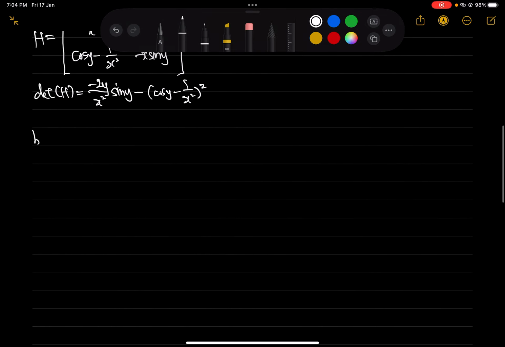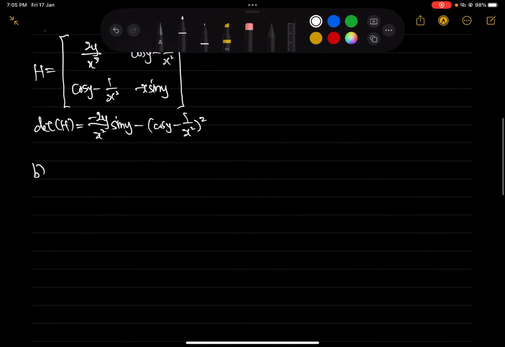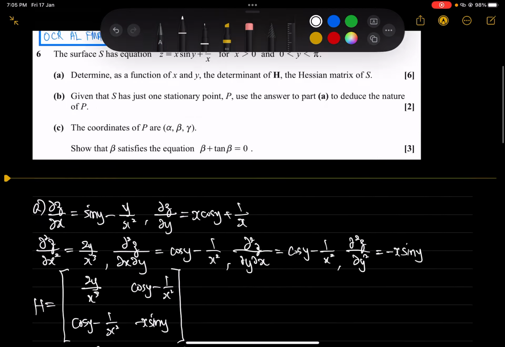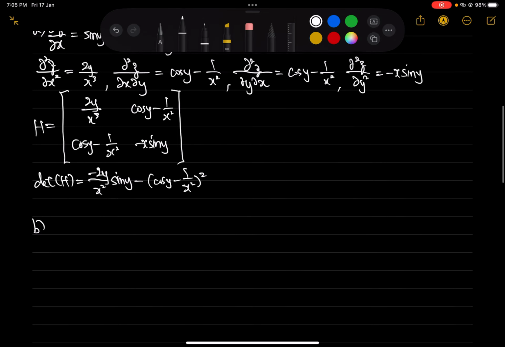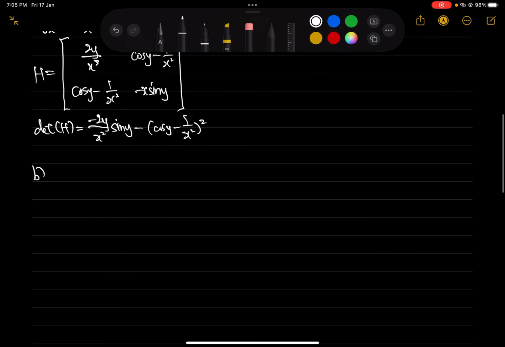Part B gives us that S has one stationary point P, and we want to find what P is. So sine y, obviously all of the x's are greater than 0, and sine y is greater than 0 for y belongs to 0 to pi, unincluded.